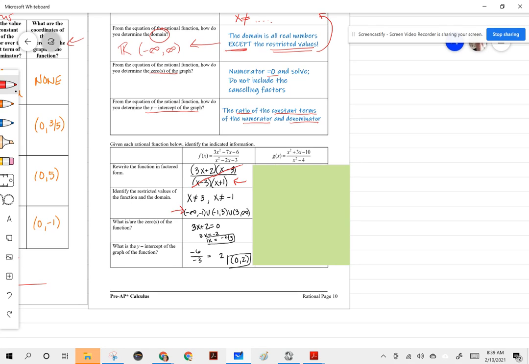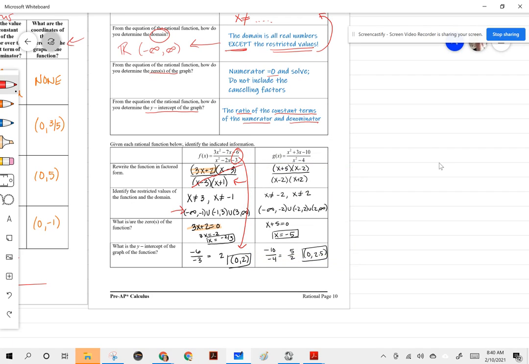So you set this non-canceling factor, 3x plus 2, equal to 0 and solve. And then the y-intercept, if you go back to the original equation, is just going to be the ratio, the division of those constants. All right, so try g of x.